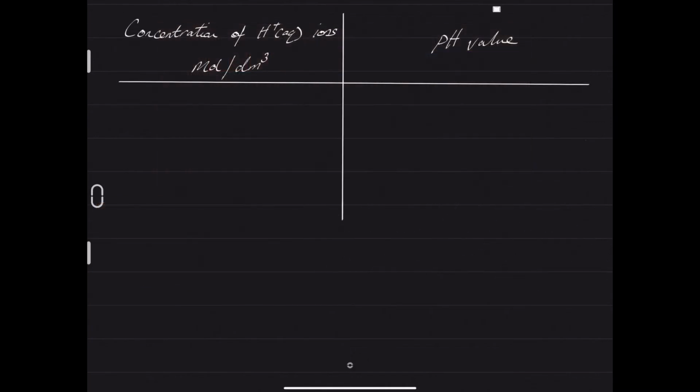I'm going to give you a series of concentration values for the H plus ions, and I want you to tell me what the pH value would be for each concentration that I give.